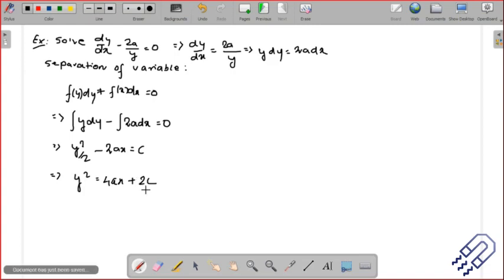If you have a boundary condition, you can get the value of c, else you're getting a solution for this expression. So this is your differential equation. What differential equation? Ordinary differential equation, and you solve it by separation of variable. In a similar way, you get different kinds of differential equation, and there are different ways of solving them.